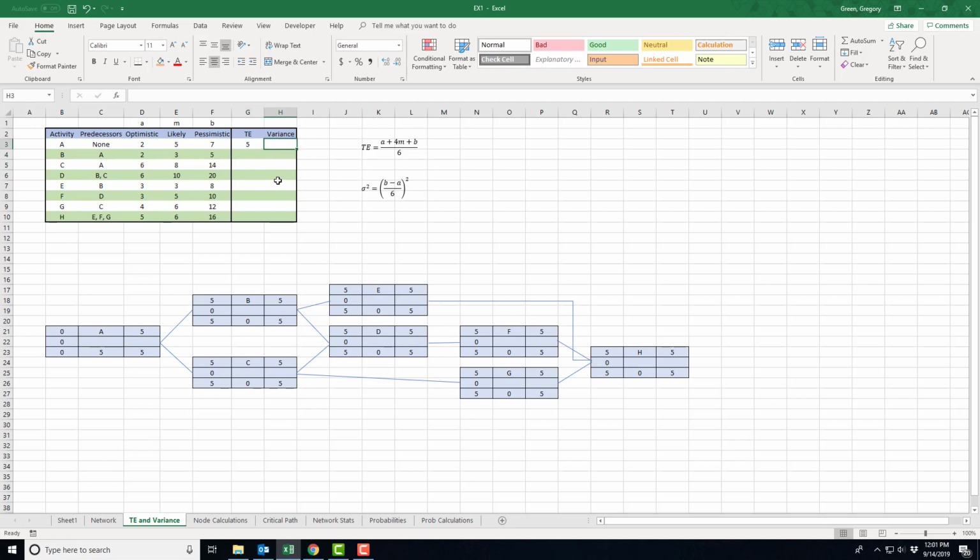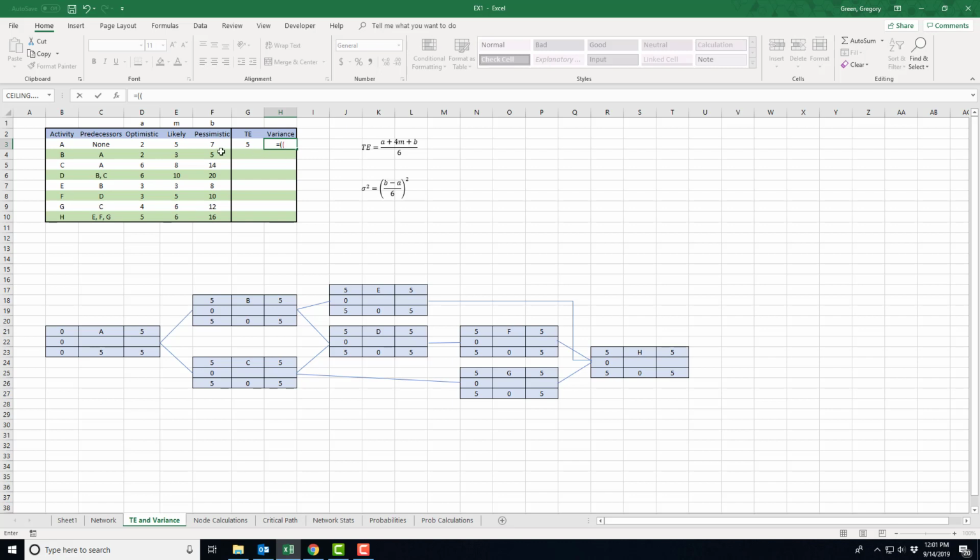Okay? Now the variance. For the variance, I don't want to do that ceiling function again. The variance is more sensitive than the mean is, so I want to keep some decimals. So all I'm going to do is use this expression that gives me the variance at each node to do the calculation in the cell H3. Now notice how many parentheses I'm using, because I've got to get B minus A, then I've got to divide it by 6, and then I take that entire number and square it.